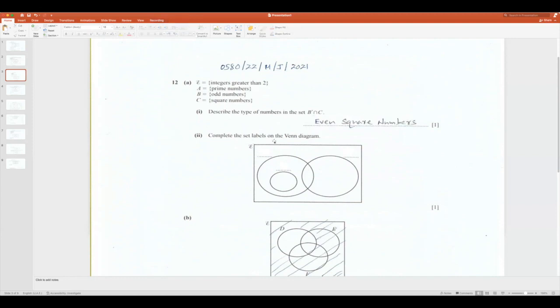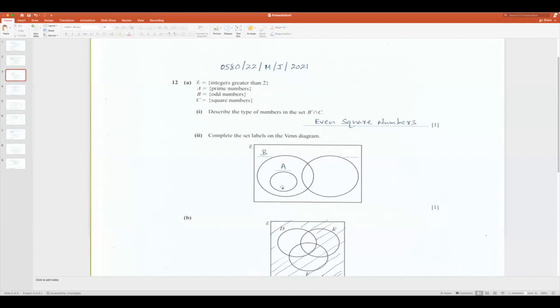Complete the set labels on the Venn diagram. So we know here A is prime numbers, B odd numbers, C square numbers. We can say this is B, and here we can say this is prime numbers.